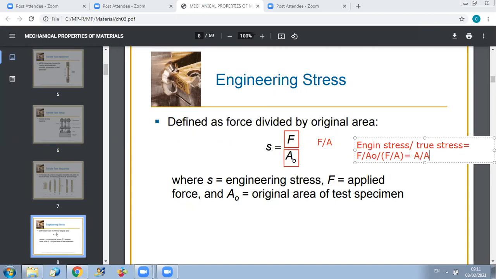So if I'm performing a tensile test, is this smaller or higher than 1 for a tensile test?